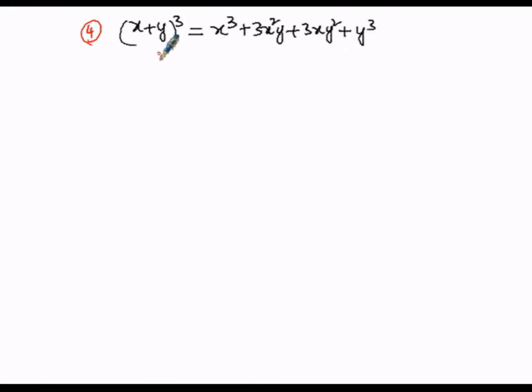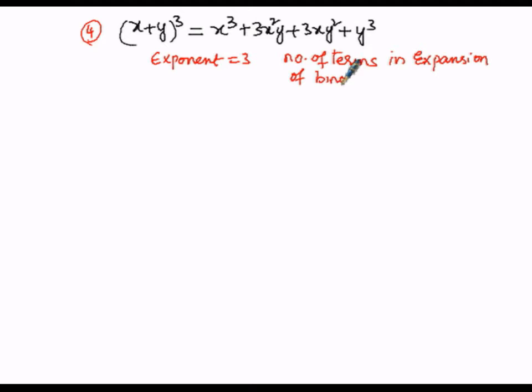So here the exponent is equal to 3 and the number of terms in the expansion of the binomial is 4.